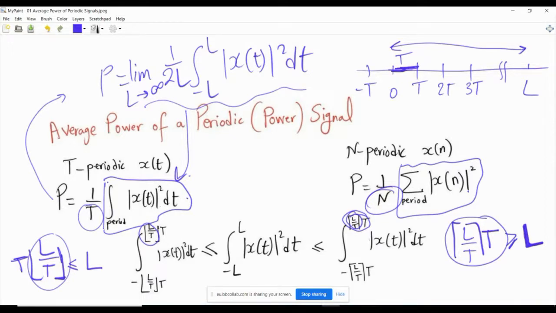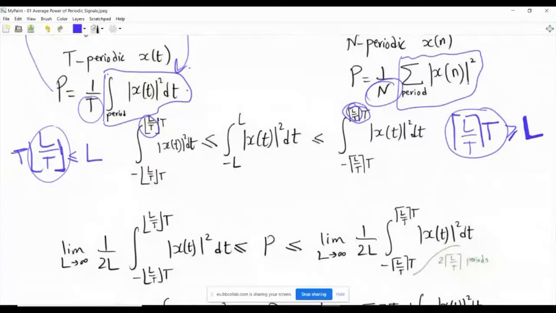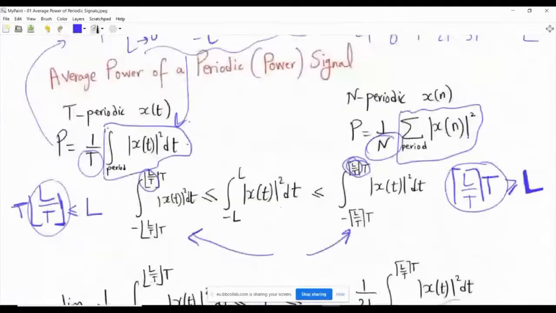And now, because the signal is periodic, the integral over a number of periods is basically the number of those periods multiplied by the integration over just one period. So that's the idea here: you do this upper bounding and this lower bounding. And then you divide by 2L to match the definition of power.